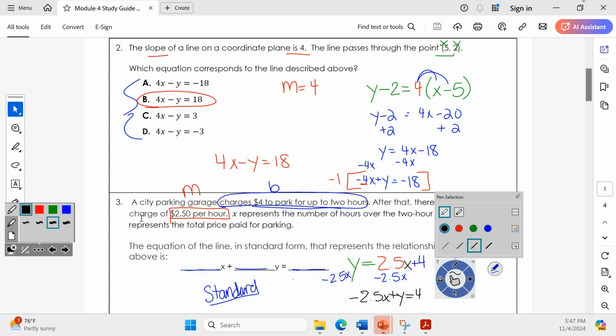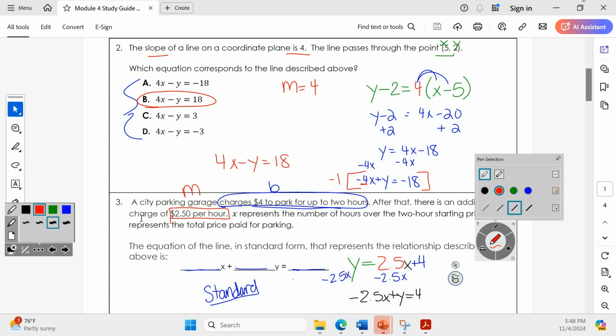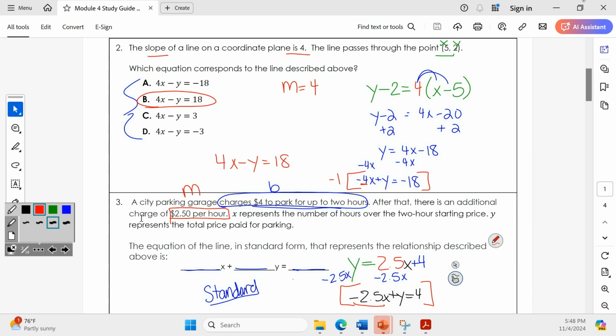Now, again, I have to worry about this a term. And because that's a negative and it has a decimal, I have to multiply the entire equation by negative 2. Now, negative 2 times negative 2.5 is going to be 5x. Negative 2 times a positive y is negative 2y.